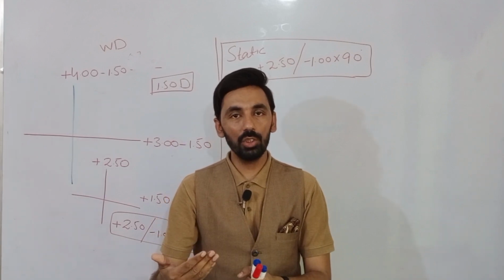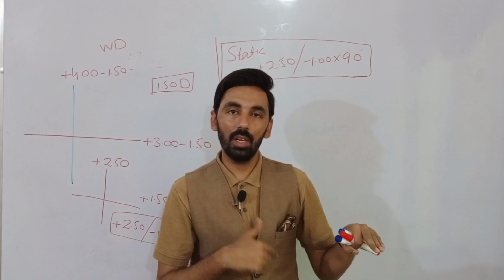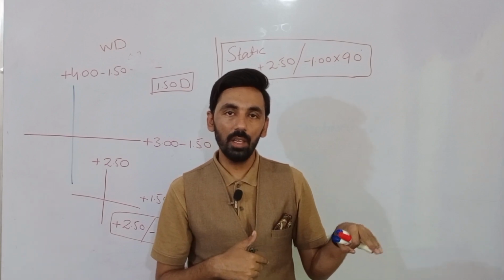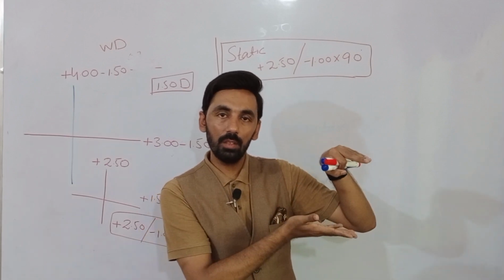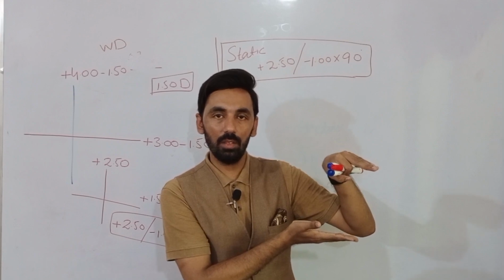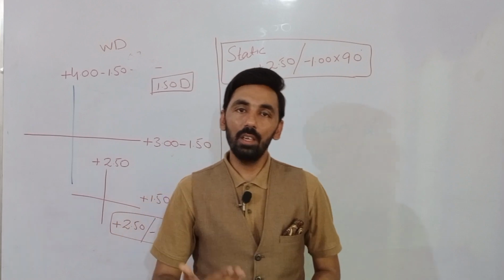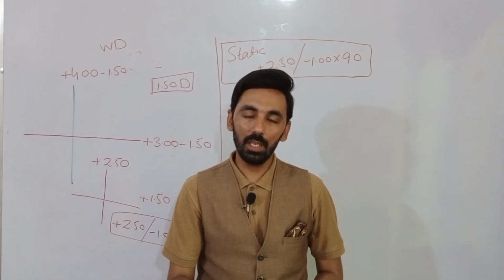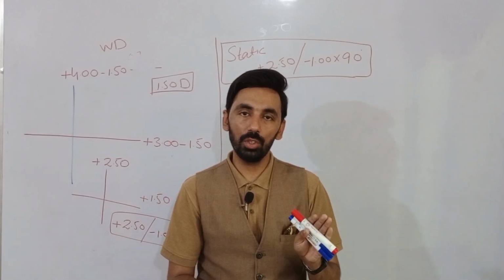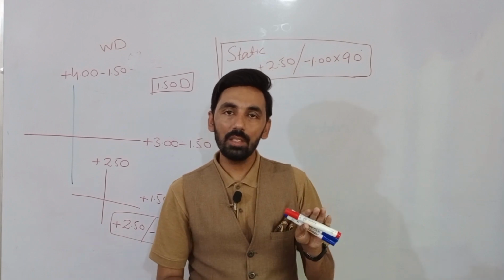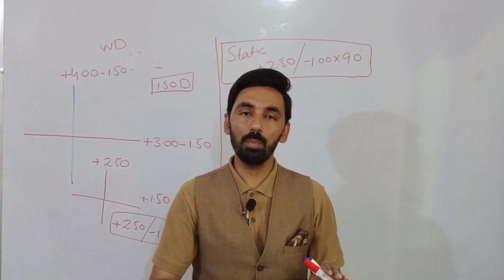What is lag of accommodation? It is a lack of plus power in the eye, right? The requirement is more but the exertion is less. So it means that the patient's eye needs more plus, but the eye is unable to exert accommodation, unable to increase the plus power, so there is a deficiency of plus power in the eye.